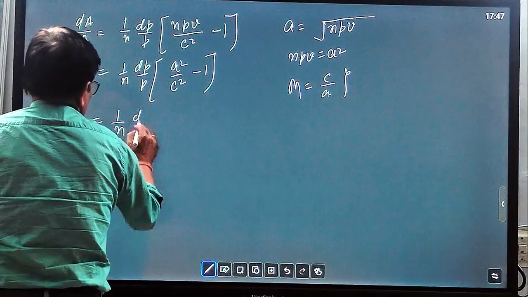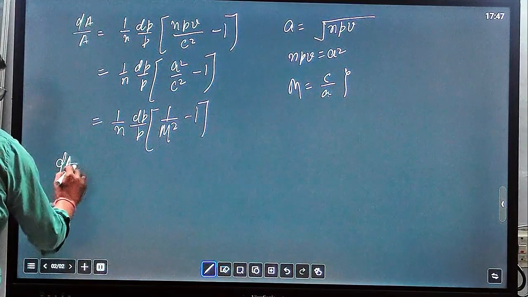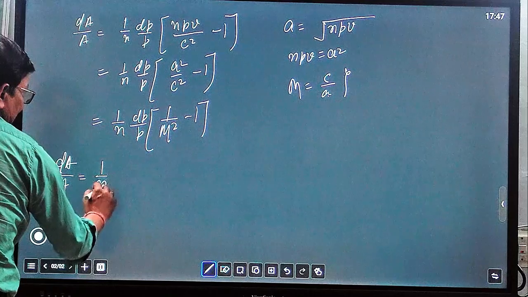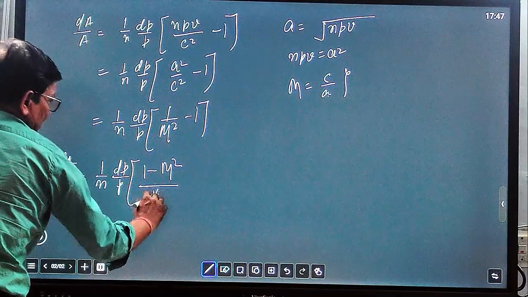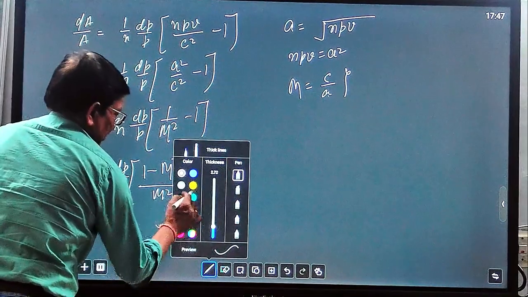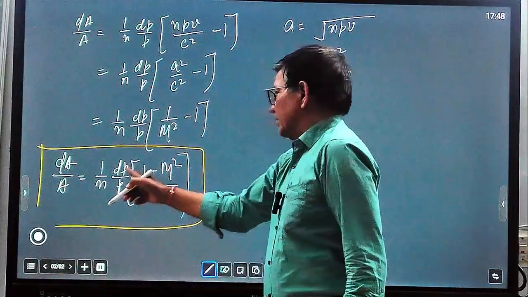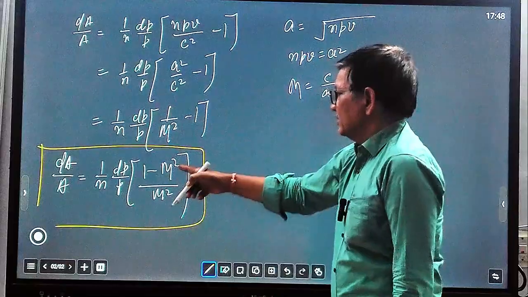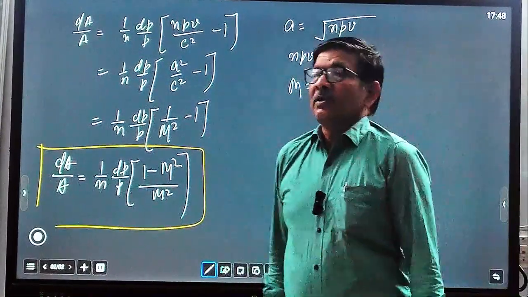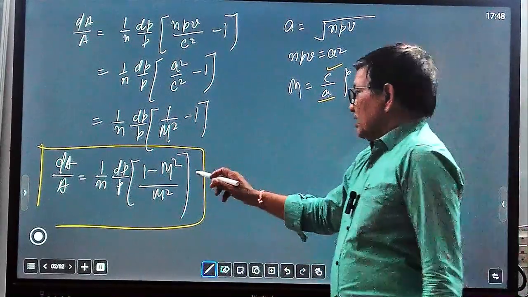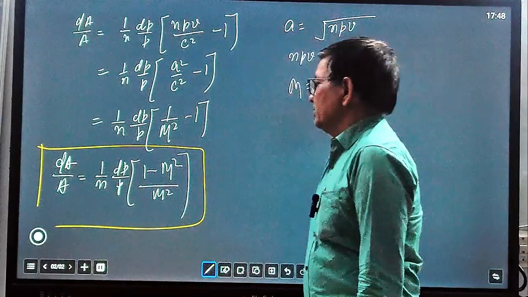Further simplifying, dA by A equals 1 upon n dP by P, times 1 minus M square upon M square. This is the most important relationship of nozzle flow, relating area, pressure and velocity. M includes the velocity of steam C, since a remains constant, dP by P is pressure and dA by A is area.